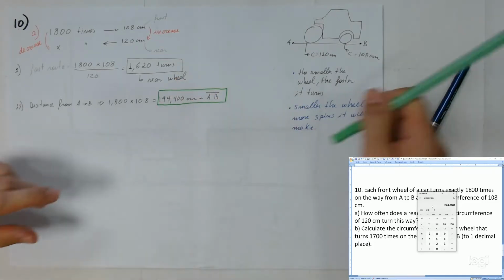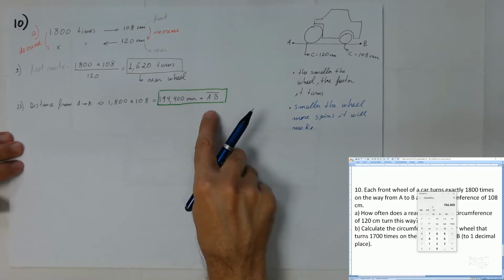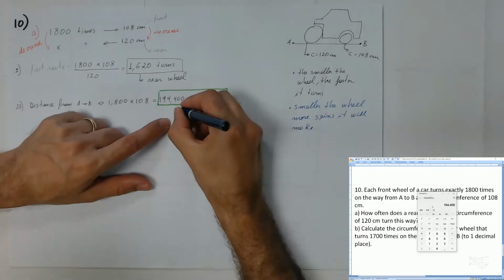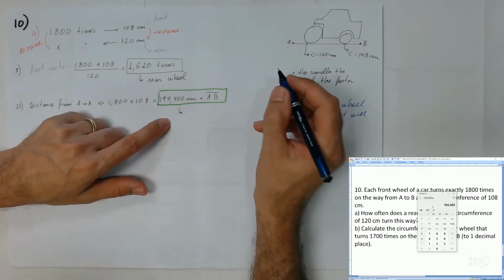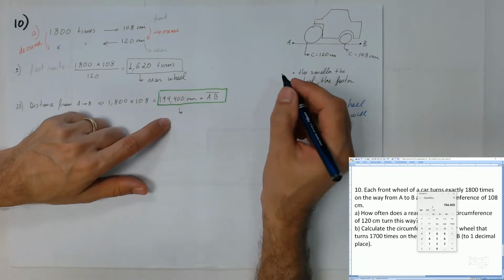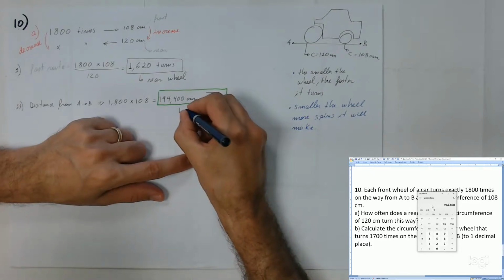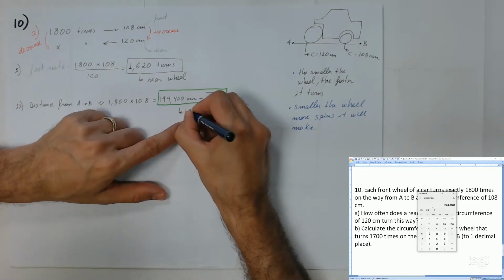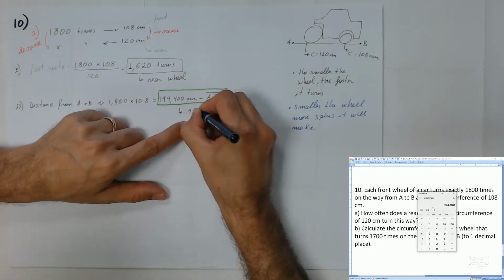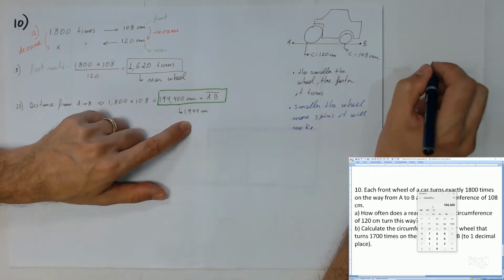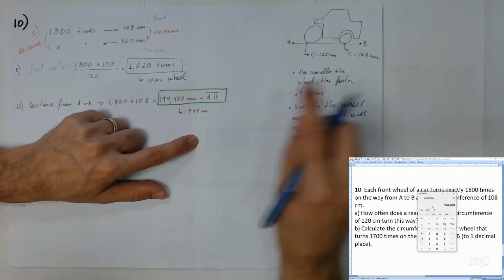Now we know that from A to B, this is a distance. Let's put this in kilometers, maybe. First in meters: 1,944 meters. Agree? Let's go work with units.